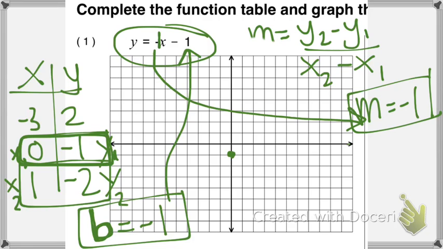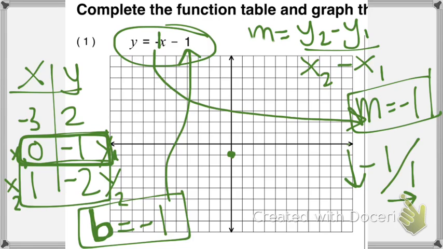If I'm going to do it the slope-intercept way, which is a little bit quicker, and that's why we like to use it. Our slope is -1, but because we need a rise and a run, we're going to make it a fraction. And you can always put a number over 1. So in this case, we're going to go down because it's negative, and we always go to the right.